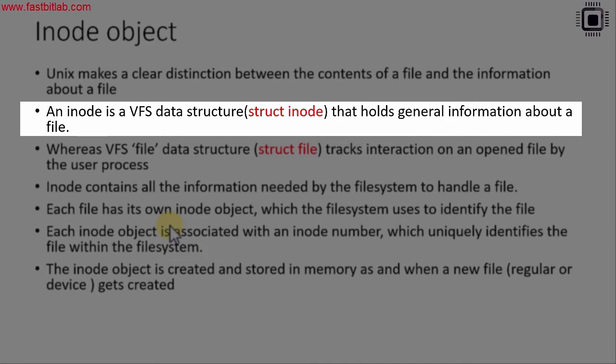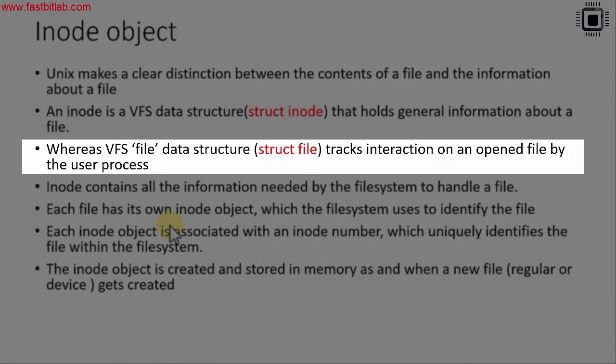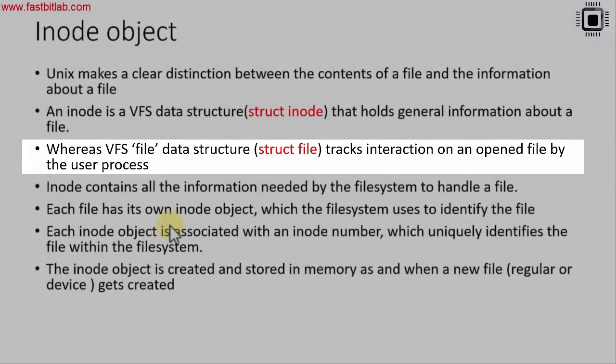If you want to know exactly what the general information about a file is, you should explore the member elements of the inode. Whereas the VFS file data structure, struct file, tracks interaction on an opened file by the user processes. The struct file data structure is used to track interaction on an opened file, whereas struct inode holds some general information about a file like the file name, the inode number, and other details.